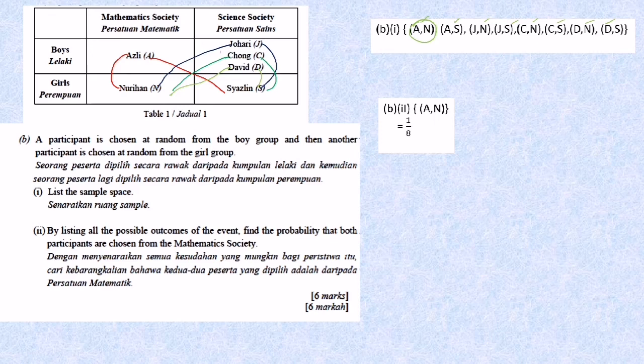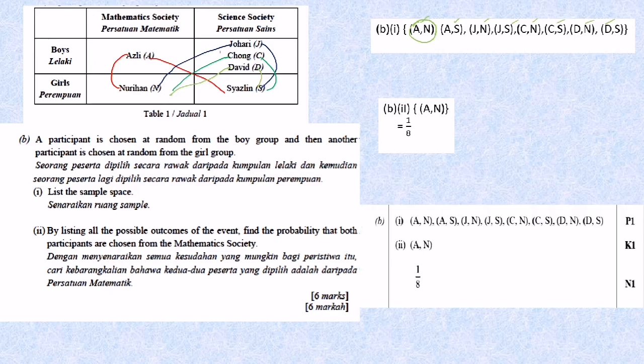The probability is 1 over 8. So for this one, list the sample space, 1 mark. List the possible outcomes, 1 mark, and the answer, 1 mark.